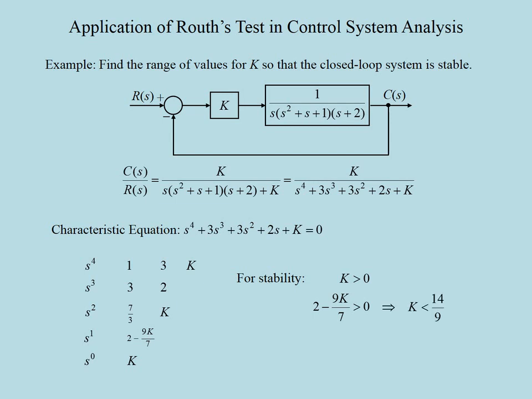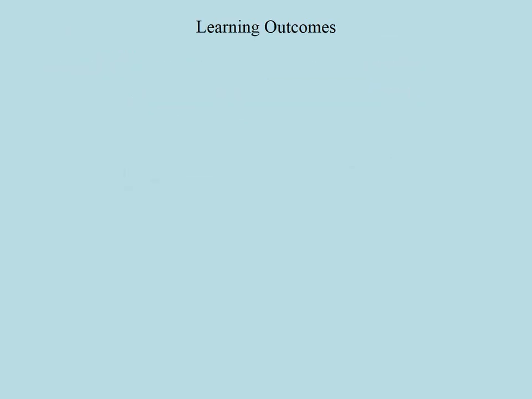In other words, k has to be positive and less than 14 divided by 9. So the range of values of k to assure stability of this system is between 0 and 14 divided by 9. This brings us to the end of our discussion of Routh test and stability.